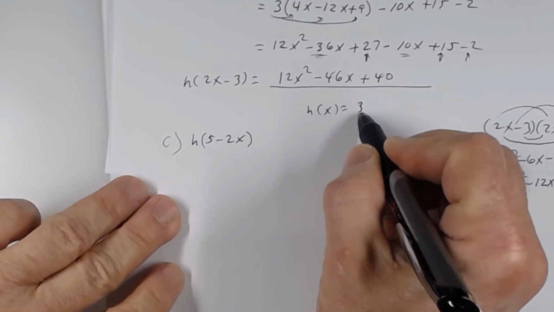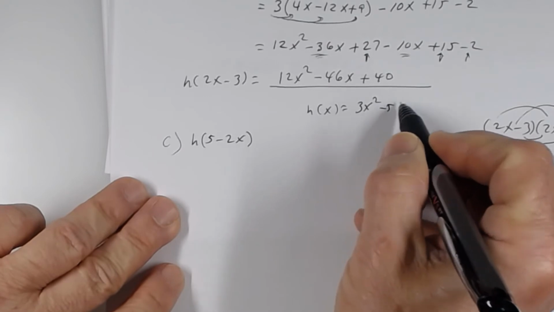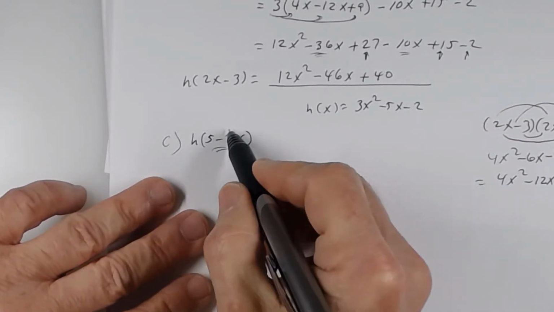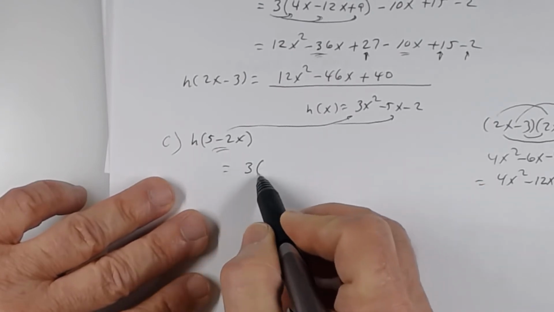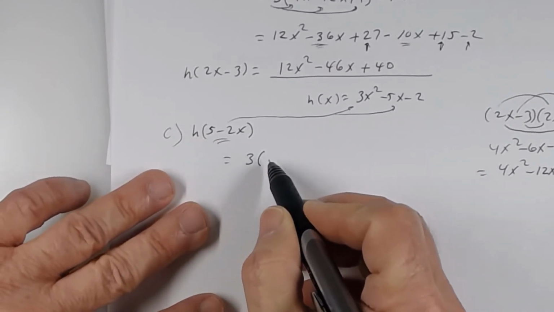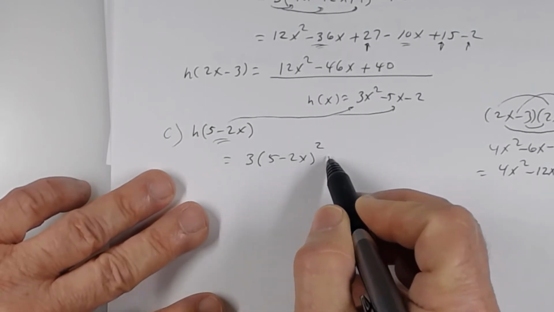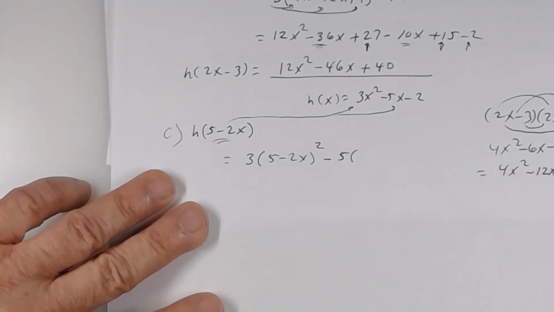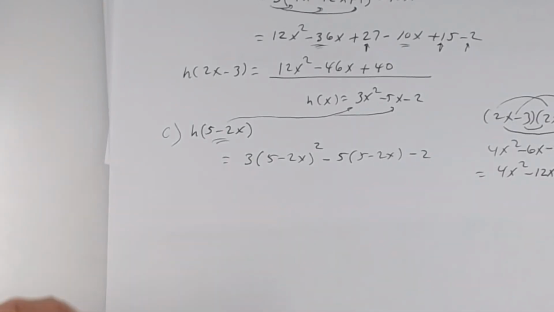So h of x was 3x squared minus 5x minus 2. Where we see the variable x, I'm going to substitute 5 minus 2x. And so I get 3 times in parentheses, what do I write? 5 minus 2x. What do I do to that? Square it. Minus 5 times x. What's x? 5 minus 2x. And then what? Minus 2.